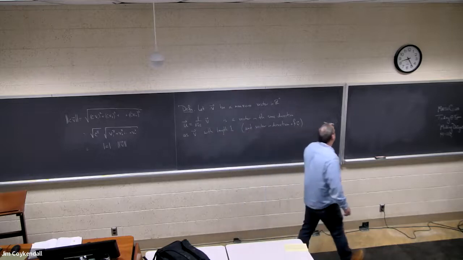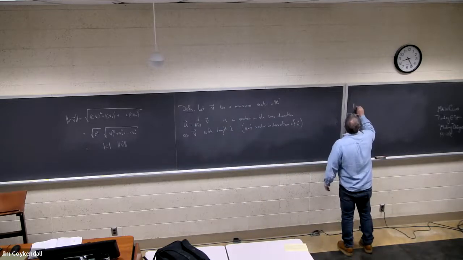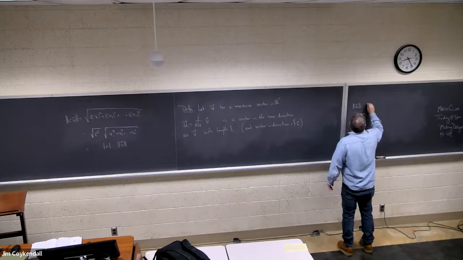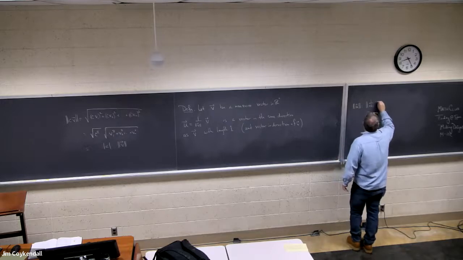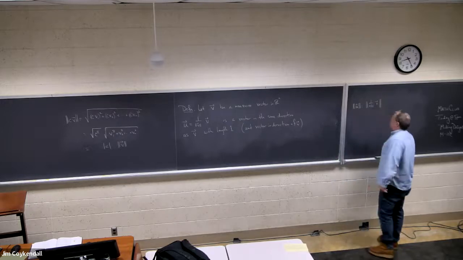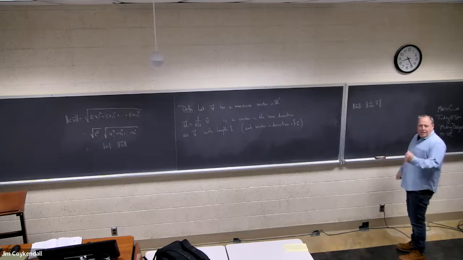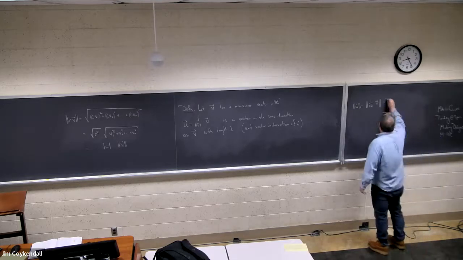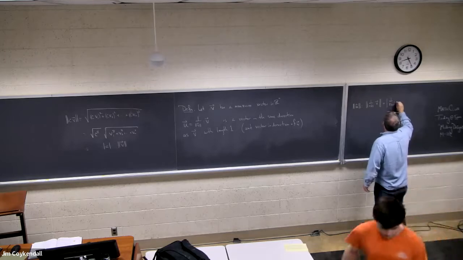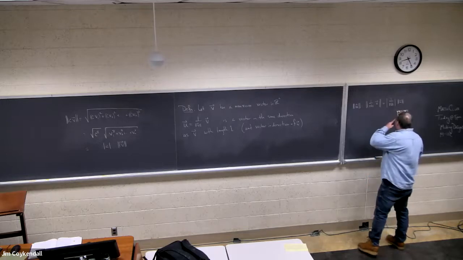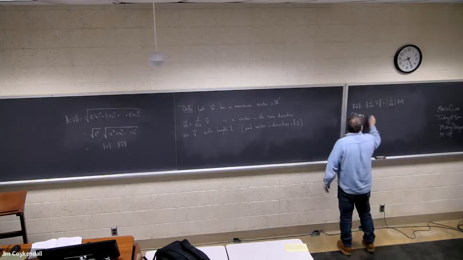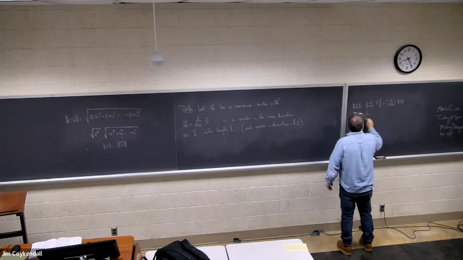And notice that the length of U is the length of 1 over the length of V times V. By our previous result, this is the absolute value of 1 over the length of V times the length of V. But the absolute value of a positive number is positive.